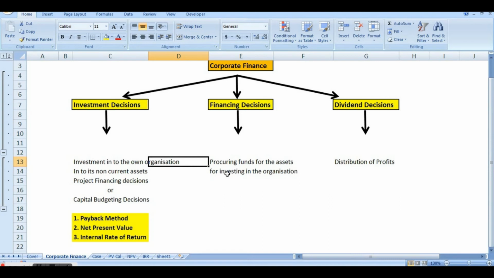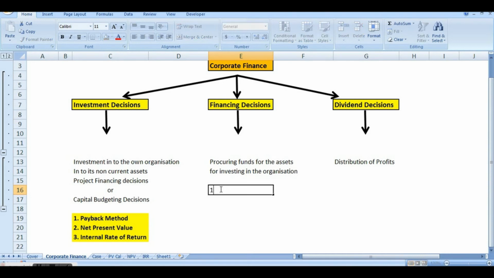It can be the savings of the organization that you save from the previous years' profits, which are called reserves and surplus. Or you can borrow the money from outside. Outside means maybe from the bank or a financial institution.